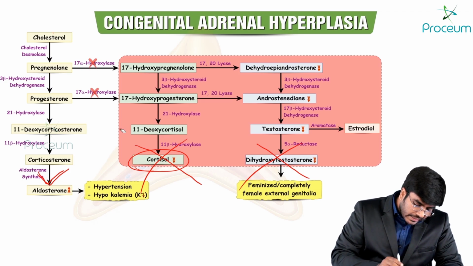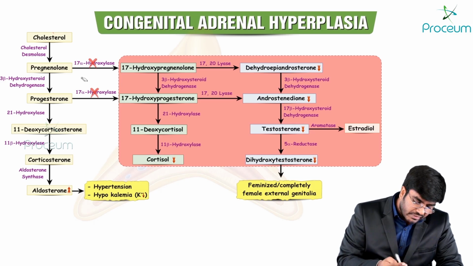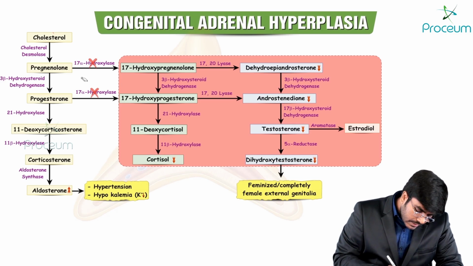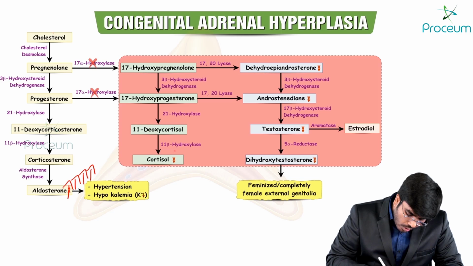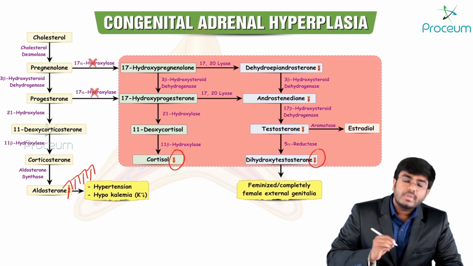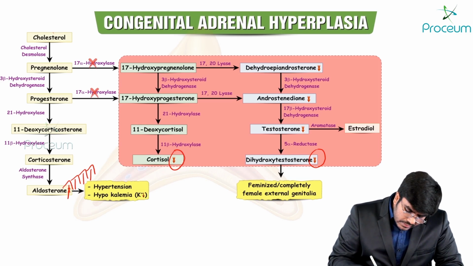So, in this variant where there is deficiency of 17-alpha hydroxylase, there is more aldosterone in the body and less cortisol and less dihydrotestosterone.